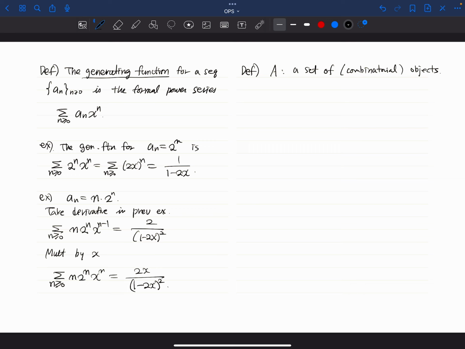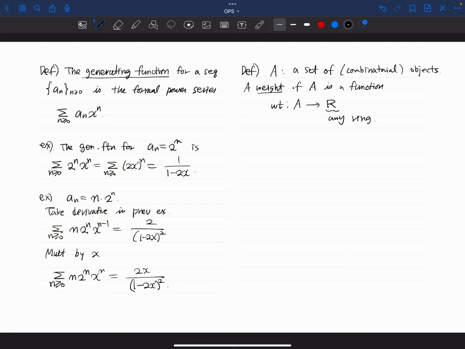And we define a weight on A, this set, as just a function which we denote like this, from A to any ring. It could be a ring of formal power series or anything. So that means you have some quantity associated to each element in this set. Okay.